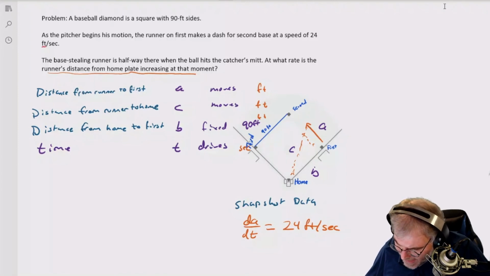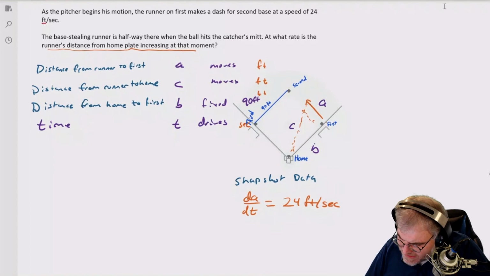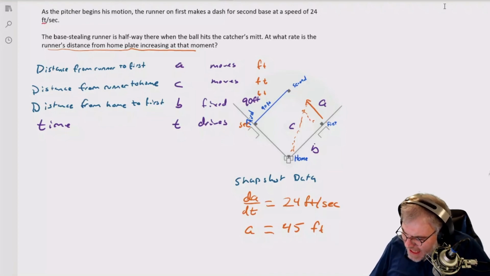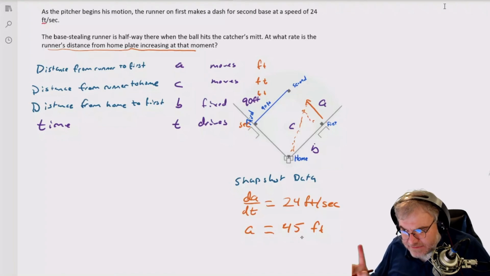I know that the base stealing runner is halfway, so in my snapshot, A is going to be 45 feet. So that's my snapshot. But since A moves, I'm not going to sub in A yet.